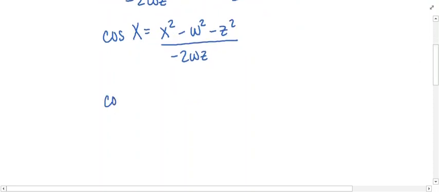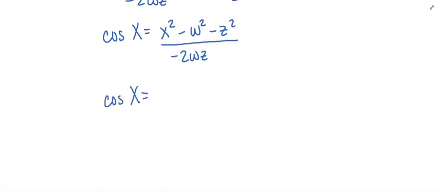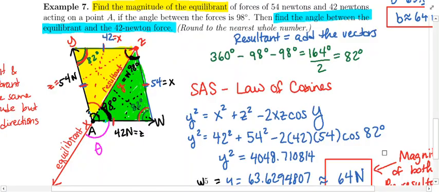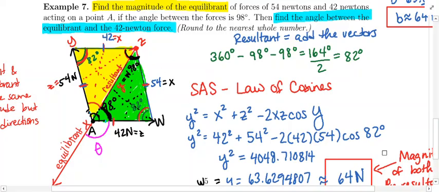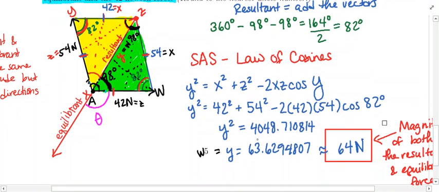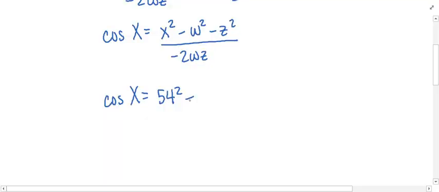So let's plug in here. The cosine of angle x is going to be x squared. x is 54, so this is going to be 54 squared minus w squared. Remember, w is the same thing as y. We have to use the full decimal approximation here, so this is going to be that 63.629 number.